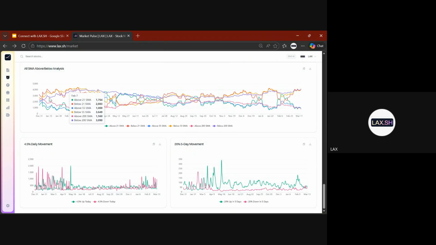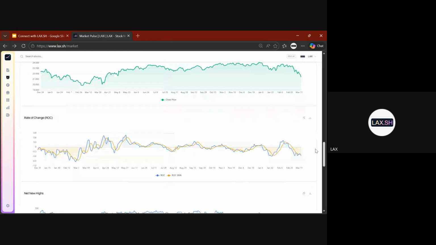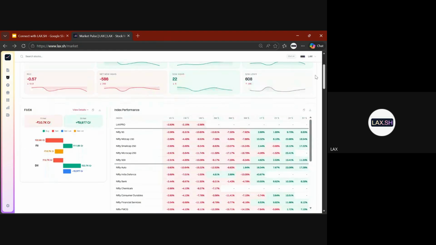You see again, SMA analysis. This is what you'll see everywhere. It is also here, it's just that it is last time. These data points you'll see everywhere. But the thing that you have put here, they'll be copied slowly. The best form of flattery, the best form of flattery is what?